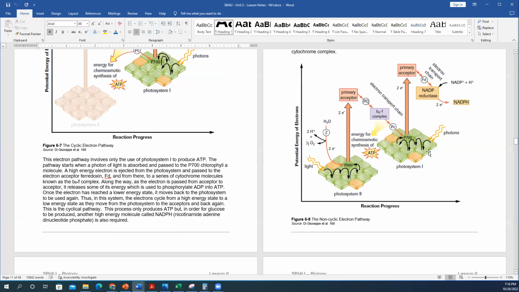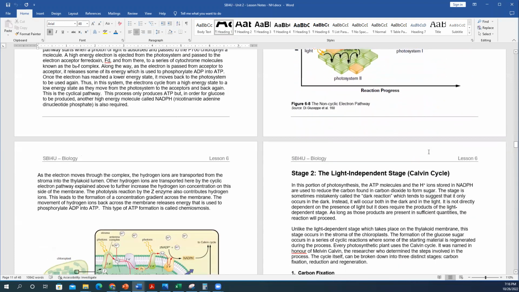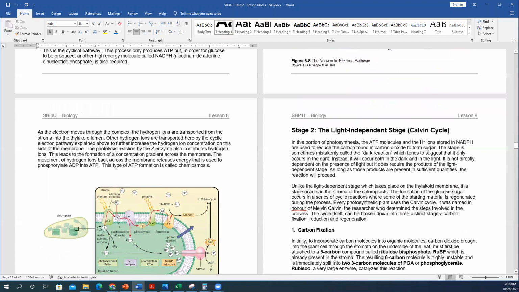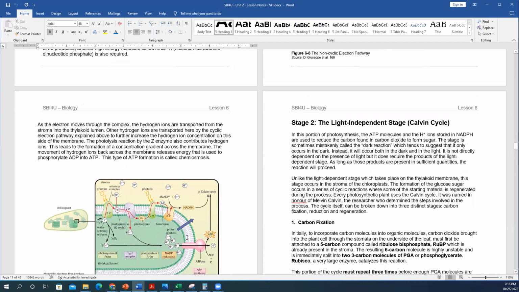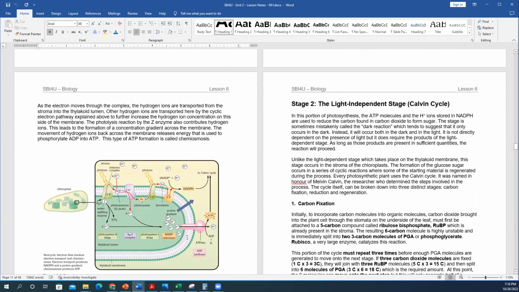down further and further down into other acceptors, and as the electron moves through the electron transport chain complex, you get a buildup of hydrogens that are being transported from the stroma into the lumen of the thylakoid.